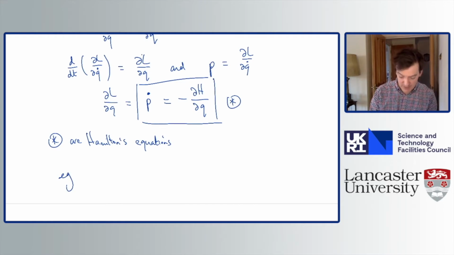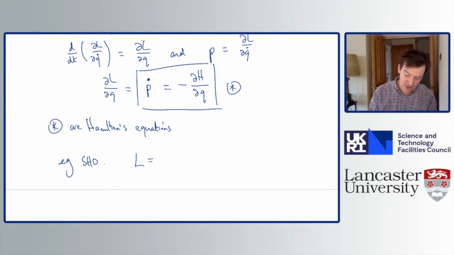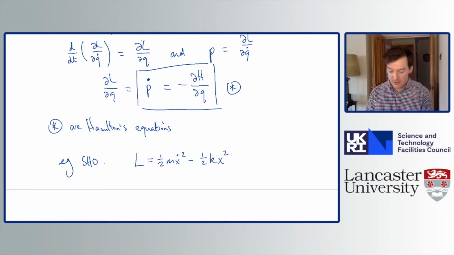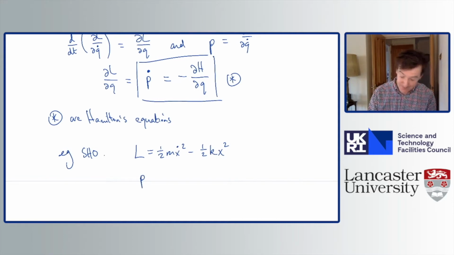Again, we'll use the simple harmonic oscillator example. We've already found the Lagrangian for this system. Let me remind you, it's a half m x dot squared minus a half k x squared. So we can find the conjugate momentum, which is dL/dx dot.